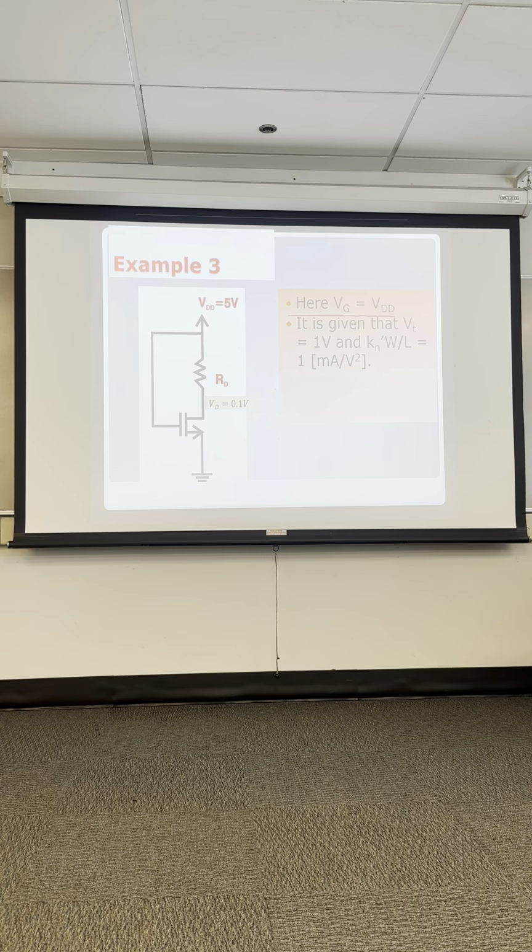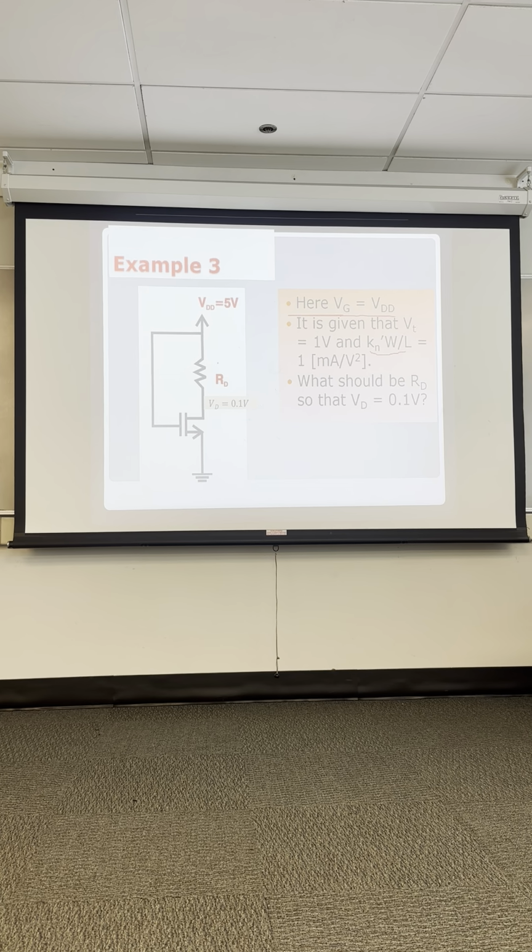The threshold is 1 volt, and Kn prime W over L is 1 milliamp per volt squared. This term includes the W over L. What should this resistance be to get the drain voltage equal to 0.1 volts?